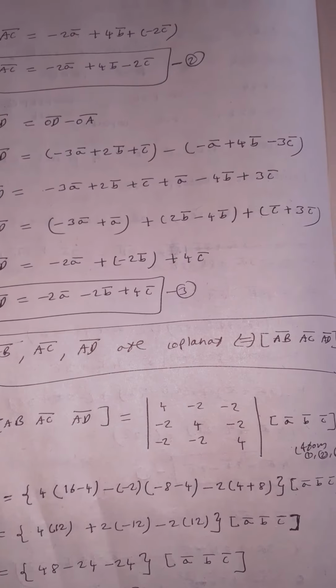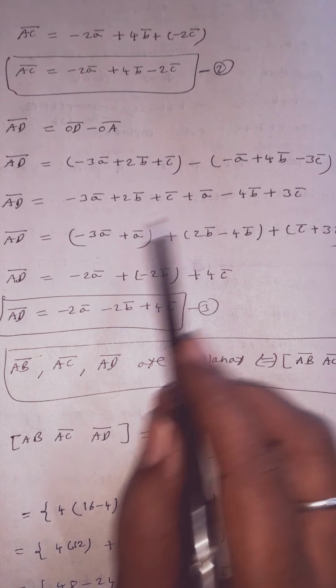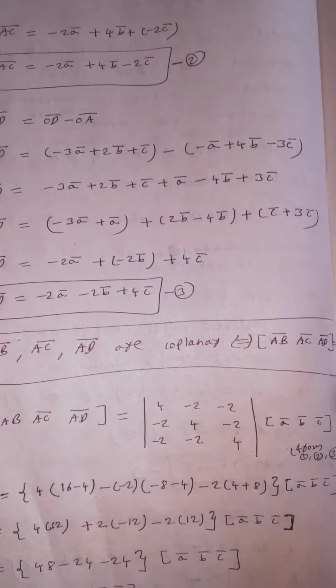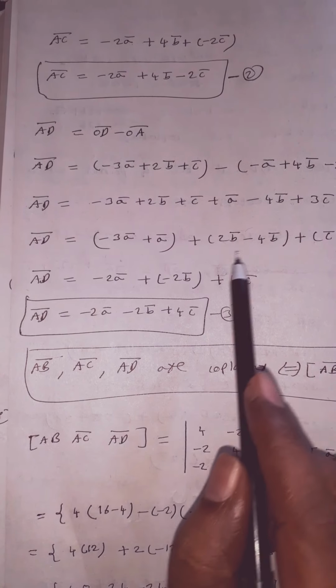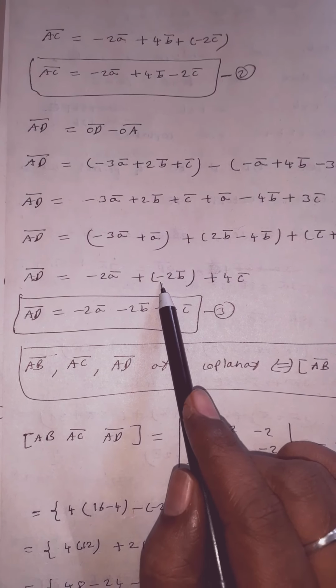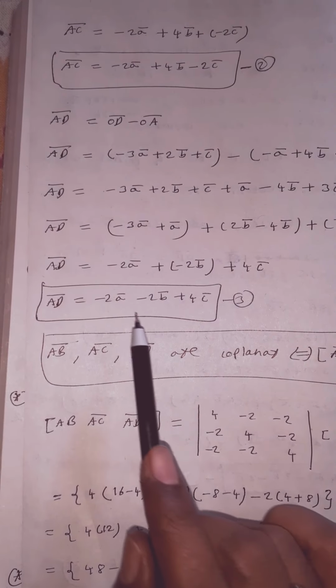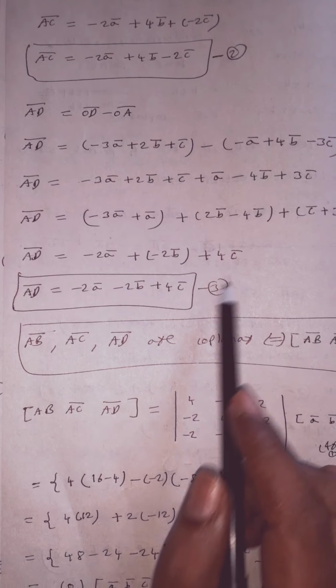So write the a bar, b bar, c bar terms separately, children: minus 3a bar plus a bar plus 2b bar minus 4b bar plus c bar plus 3c bar. So minus 3 plus 1 is minus 2a bar, children, plus 2 minus 4 is minus 2b bar, plus 1 plus 3 is 4c bar, children. So write minus 2a bar as it is, minus 2b bar, plus 4c bar.